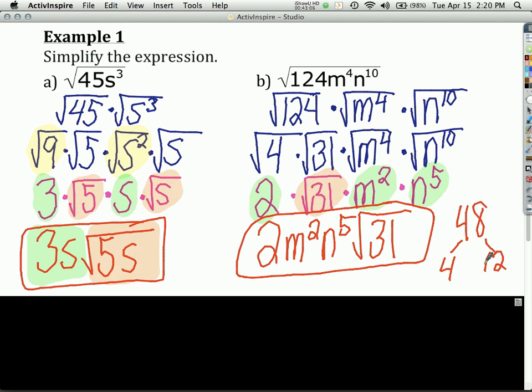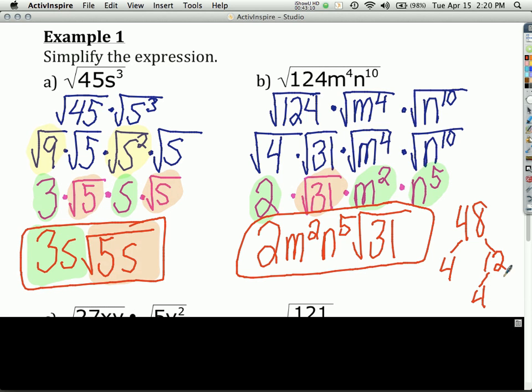Chris? This can be split up into 4 times 3, and the rules are that you're not allowed to have any perfect square factors, which means you would have to split it again. Does anyone know what the biggest perfect square factor of 48 is? 6 is not a perfect square, and 8 is not a perfect square.